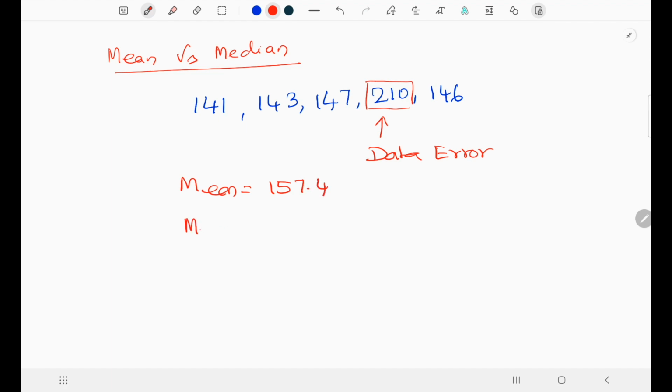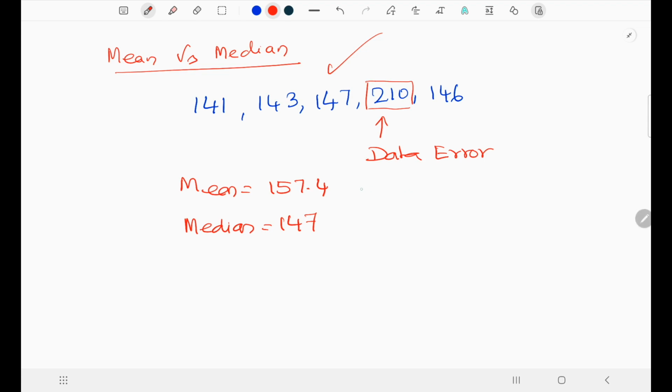If you find the median, the median equals the middle value. This is the median, so 147. From the above scenario, we see the mean value deviates greatly from the blood sugar.